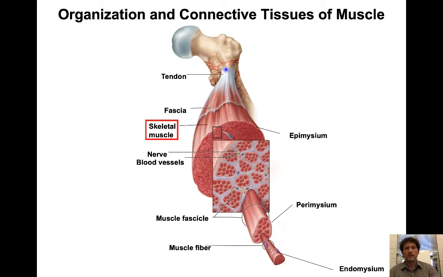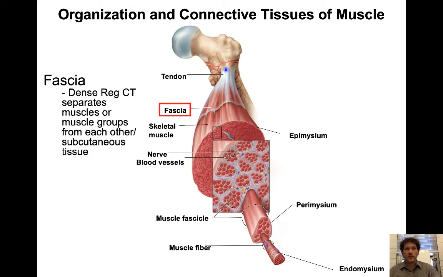We can see that here in our skeletal muscle. And these skeletal muscles are then surrounded by a structure called fascia. And so fascia is our dense regular connective tissue. So it's going to bundle our muscle, and it's going to separate our muscles from other muscles, or separate our muscle groups from each other.